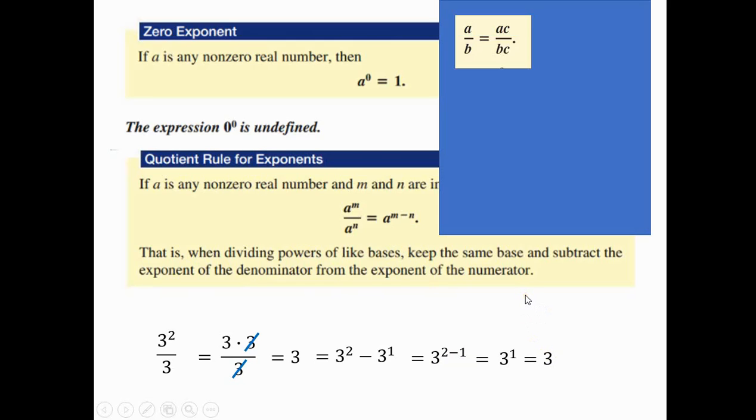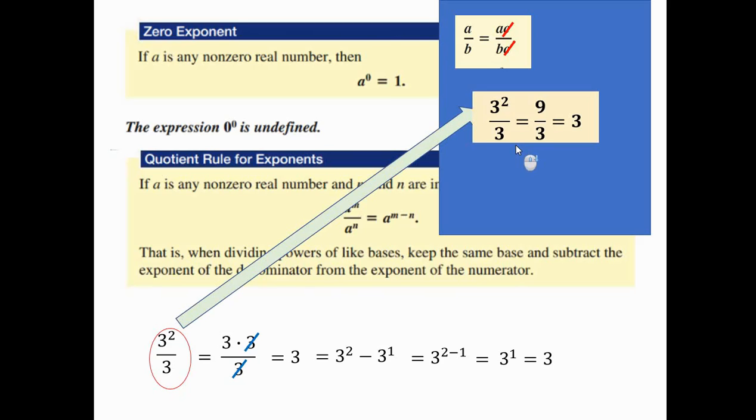All right, so if you're wondering about the fundamental property, basically it's this one right here. A over B equals AC over BC. The idea here is that these C's cancel out. That's why you get A over B. All right, and if you're wondering about this one, let's look at it with a different approach to the arithmetic. 3 squared is actually 9.